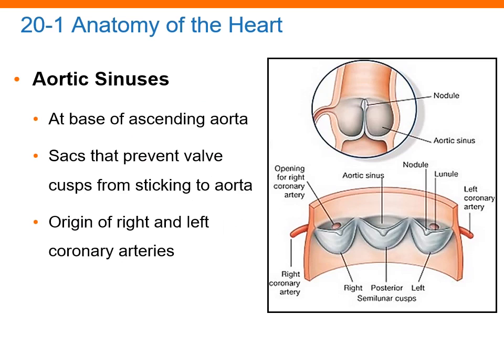So when the blood finally leaves the left ventricle, it goes into the aorta, and I wanted to spend a little bit of time talking about what happens when the blood immediately leaves and gets into the aorta. So remember, the aortic semilunar valve is going to have these three flaps, just like the pulmonary one.